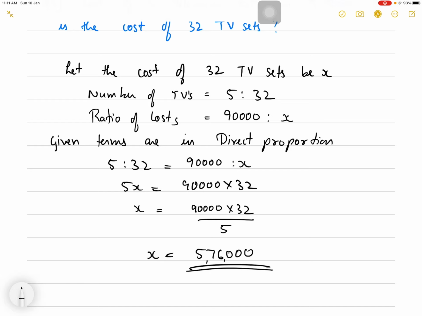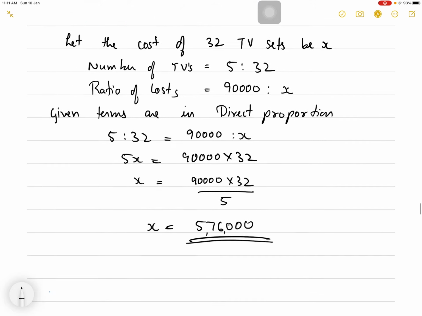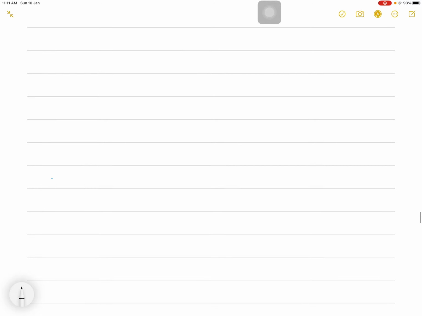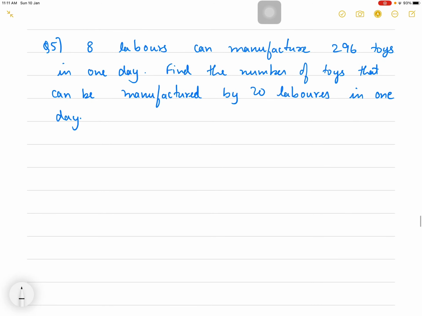Okay, let's solve one more problem. 8 laborers can manufacture 296 toys in one day. Find the number of toys that can be manufactured by 20 laborers in one day. Okay, this is also a direct proportion problem, correct?